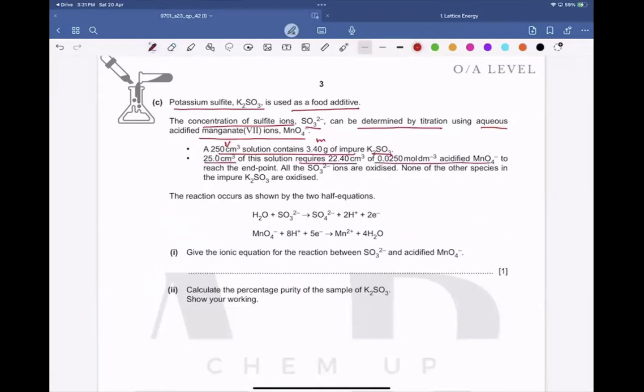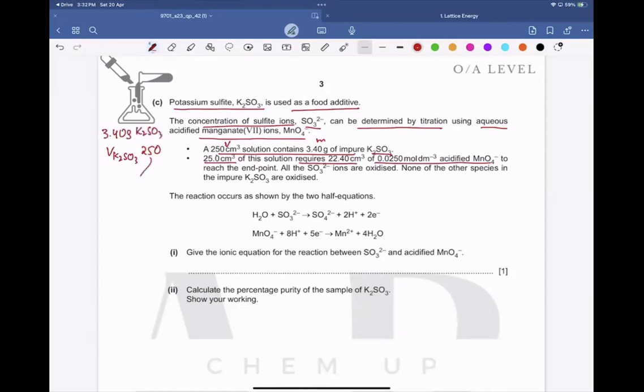Now see, here some of you make a mistake. The initial volume of K2SO3 solution is 250 cm3 and the mass is 3.40 g.